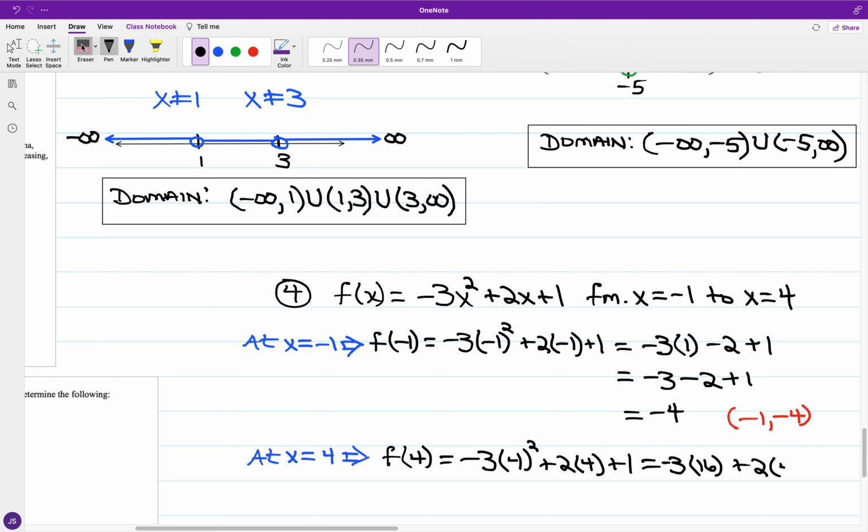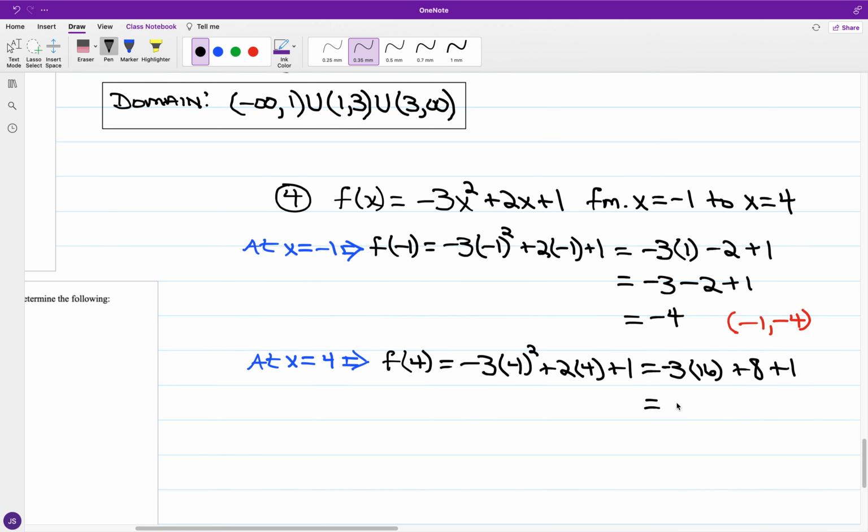Then 2 times 4 is 8. I'll put in the numerical values here. Negative 3 times 16 is negative 48, plus 8 is negative 40, plus 1 is negative 39. So for the ordered pair, whenever x is equal to 4, the corresponding y value is negative 39.